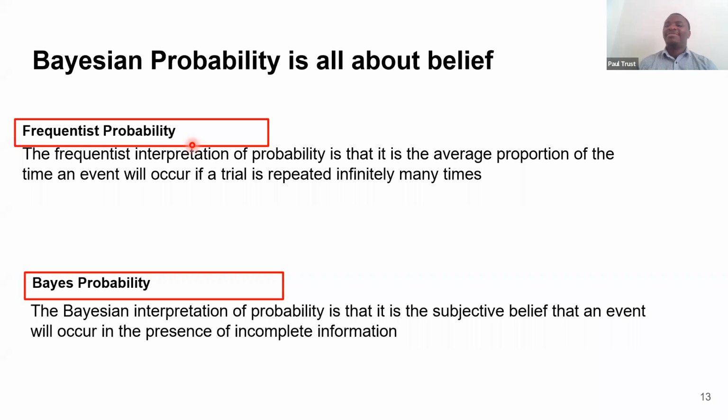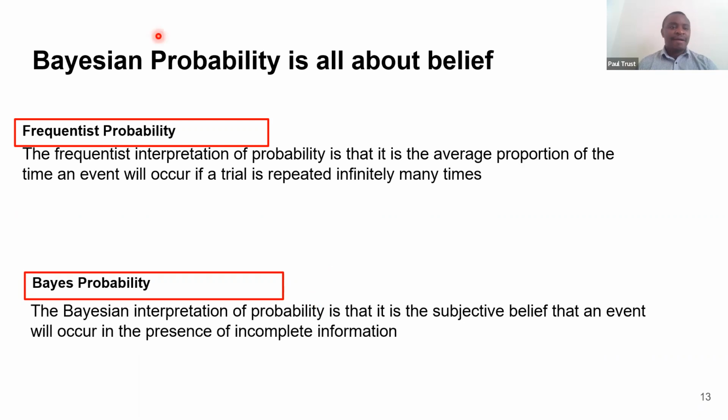If you don't have information in those samples collected, still you will not get information. So according to Bayesian probability, there is no such thing as the probability of an event.